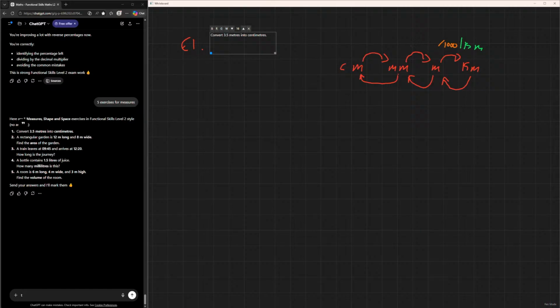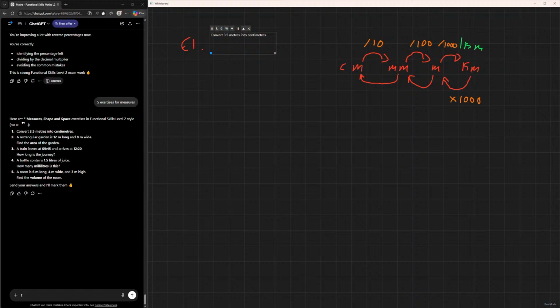To go from millimeters to meters, what you need to divide? By 100. To go from centimeters to there, you divide by 10. Following the same way, instead of dividing, we multiply.